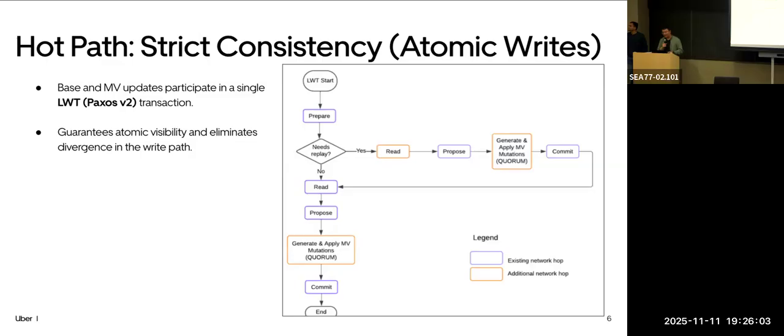And as you can see, in the unhappy path, if you get write timeout or write failure, the Paxos repair will make sure the IMV mutation will be applied in this transaction as well.